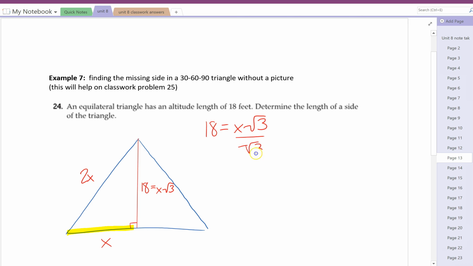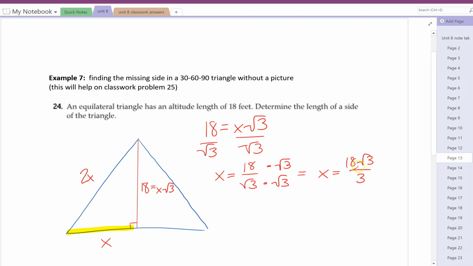Okay, I'm going to solve this equation for x. We've been doing this now. First step always is to divide the radical away from x so that you get x by itself. So I'm going to have 18 over the square root of 3. Then I'm going to multiply the denominator and numerator by the radical in the denominator. That's going to leave me with x being equal to 18 times the square root of 3 over 3.